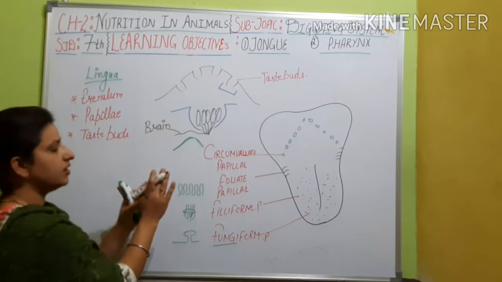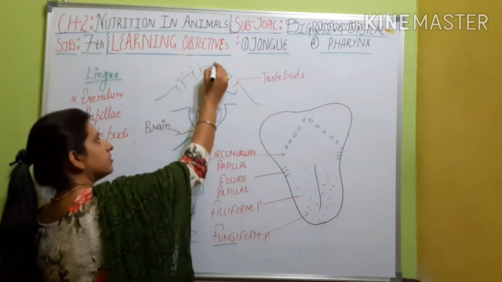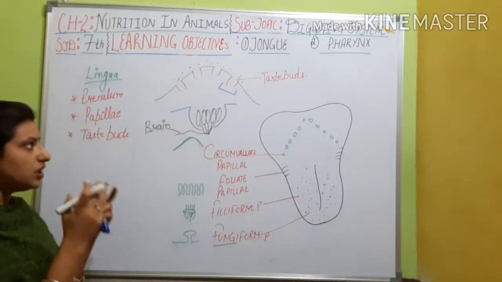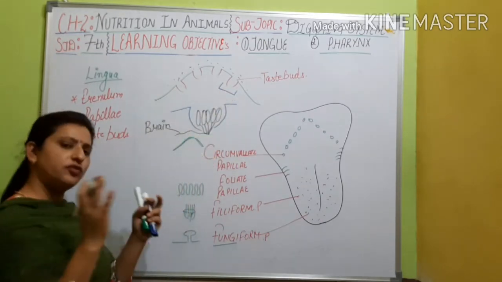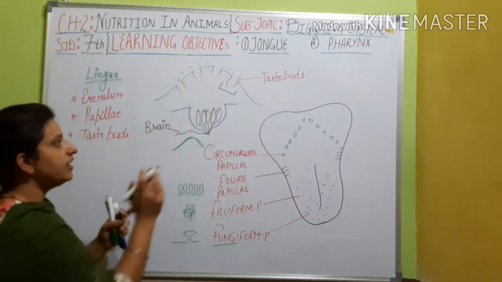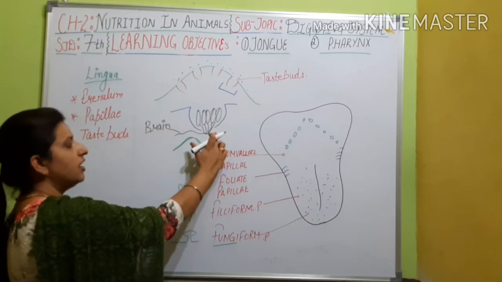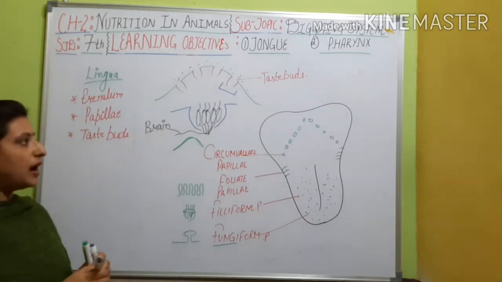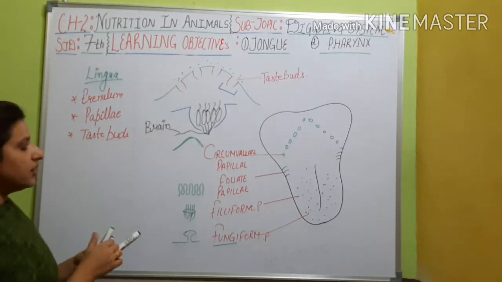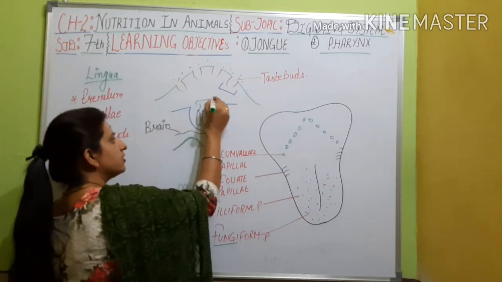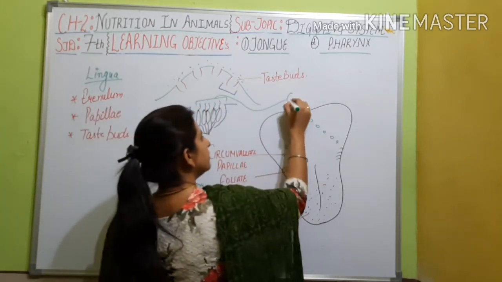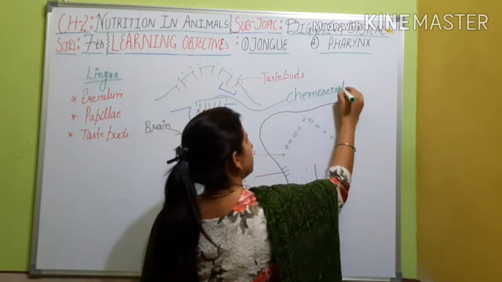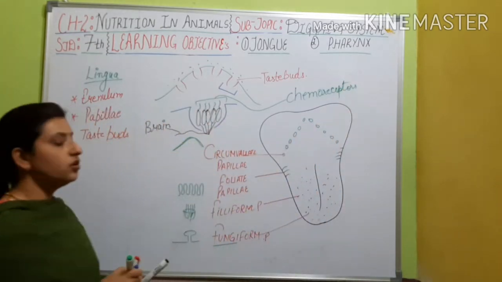Our tongue is covered with saliva, this is the layer of saliva, and the tongue has papillae on it. Each papillae has a number of taste buds, and each taste bud has this type of structure. The open part, the part which is open to the upside, has certain kinds of receptors, and they are called chemoreceptors.